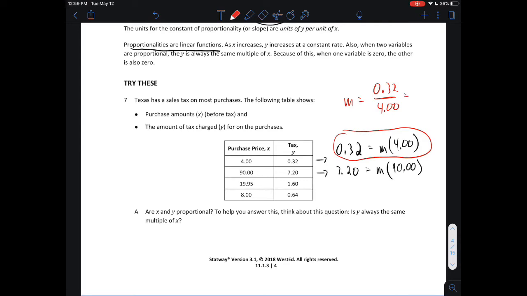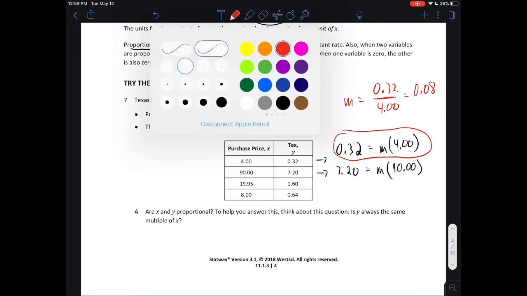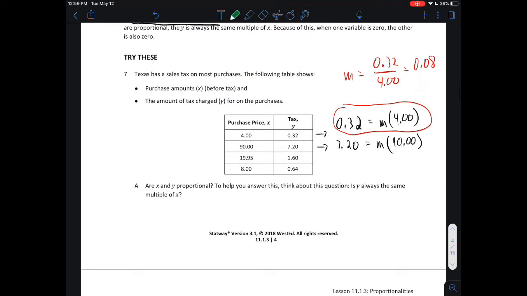So just taking what I have written here, 32 cents, so 0.32 divided by $4.00, that gives you 0.08. Does that end up being the same for the second equation that I wrote down? Well, let's see.